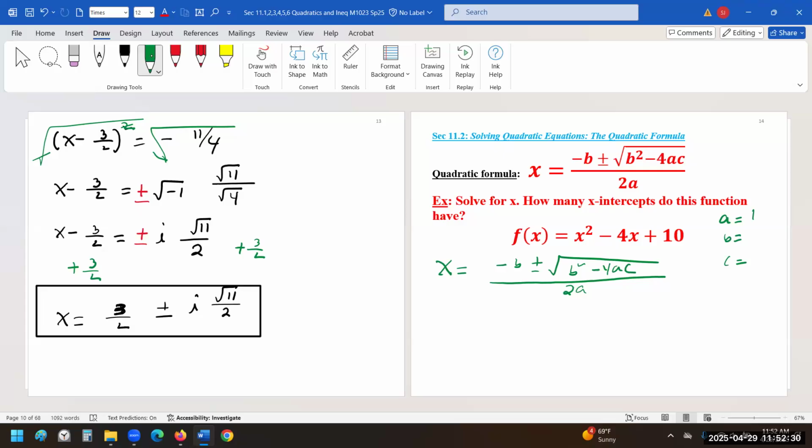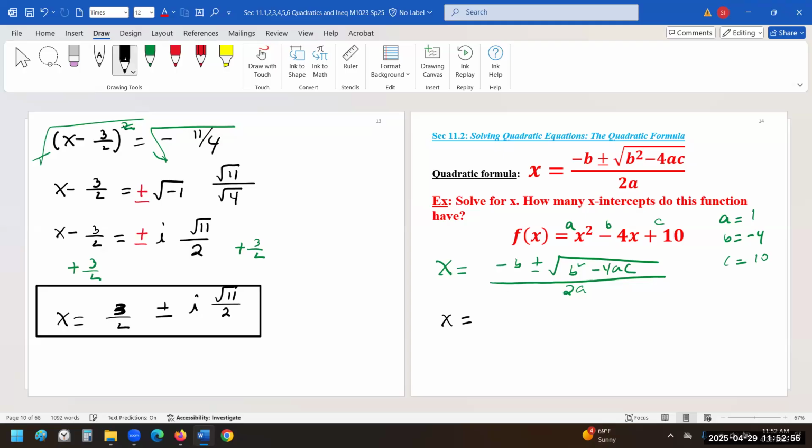What is b? Negative 4. What is c? 10. So ax squared, bx, and c. So you have to correctly identify a, b, c, correctly memorize the formula, and then correctly substitute everything.